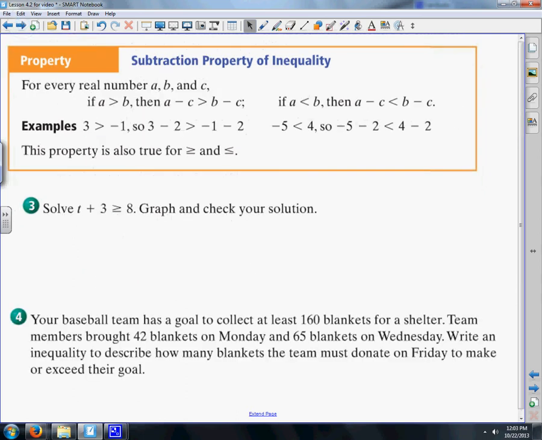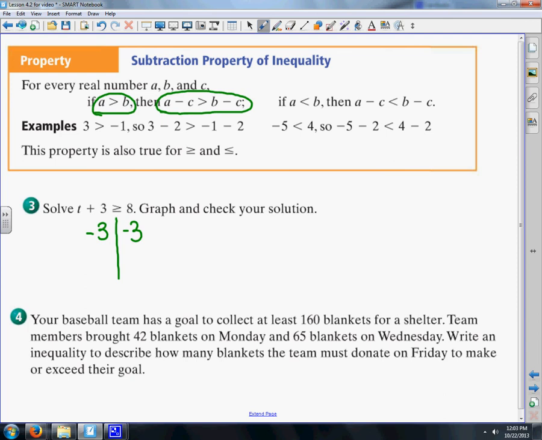Okay, next, here's the subtraction property of inequality. If A is greater than B, then A minus C is going to be greater than B minus C. So here is another problem. I'm going to draw my line. I'm going to minus 3.